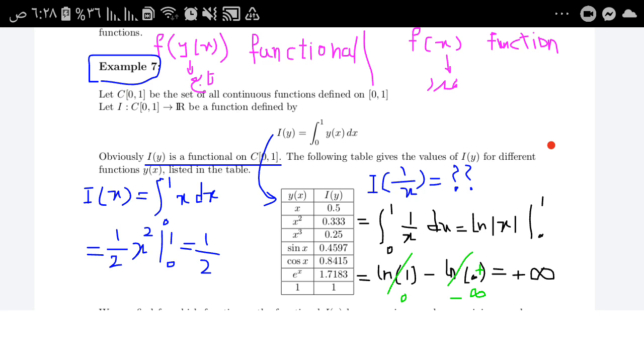The difference between a functional and a function: in a function the input is a number, but in a functional the input is a function. This is the difference between function and functional.